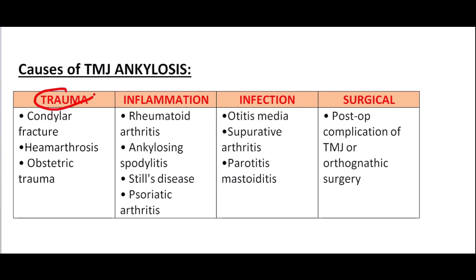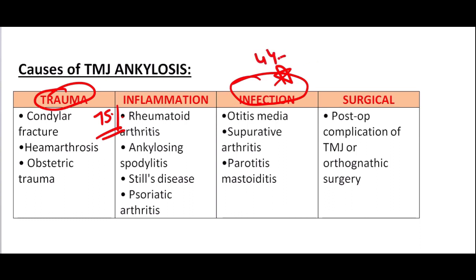The first is trauma and the other is infections. According to the report by Topazian, 26 to 70% of TMJ ankylosis cases were linked to trauma, while 44 to 68% were associated with infection.